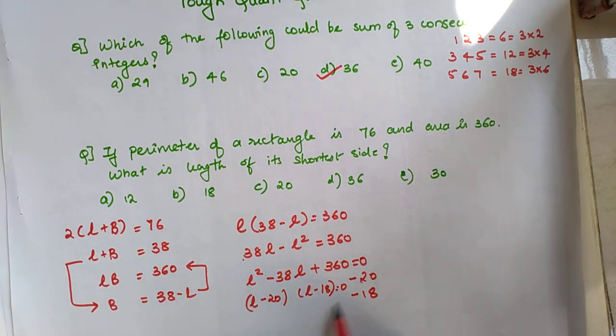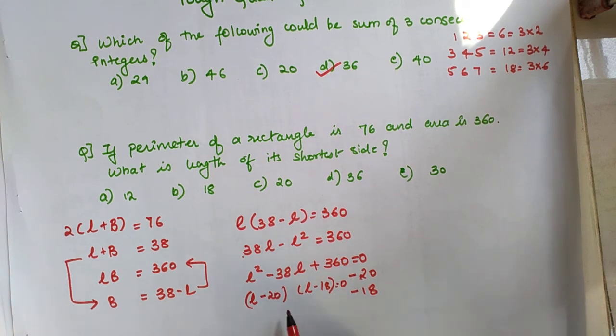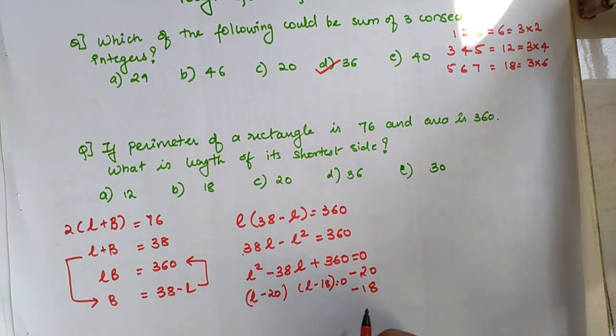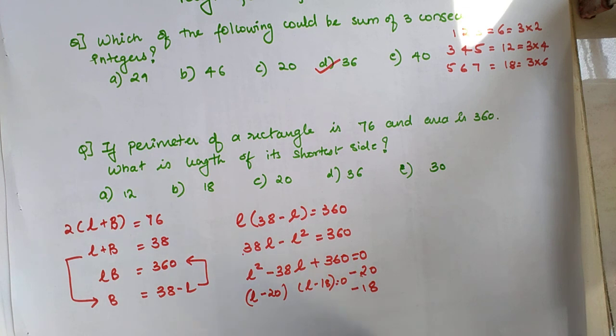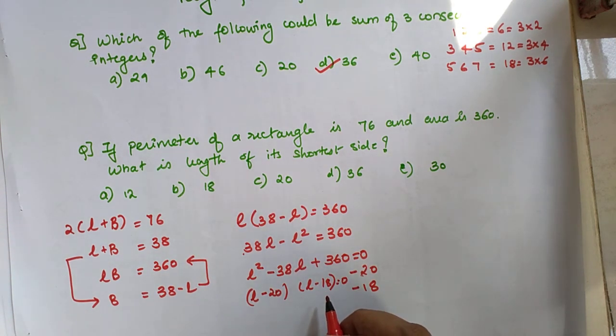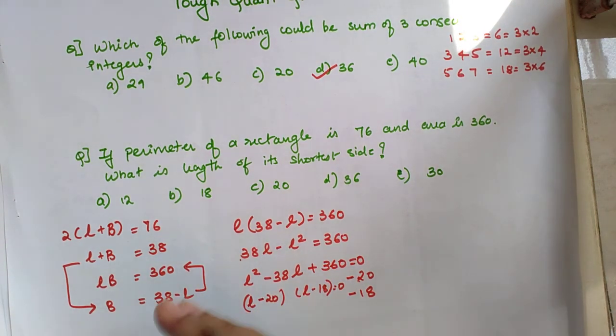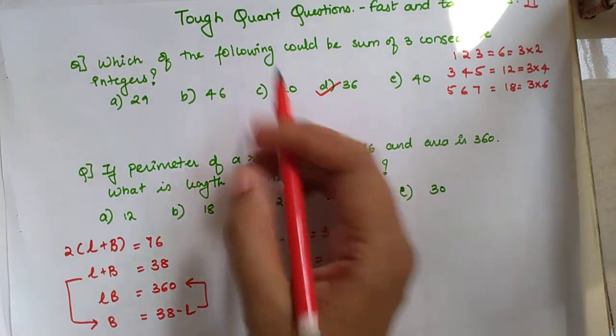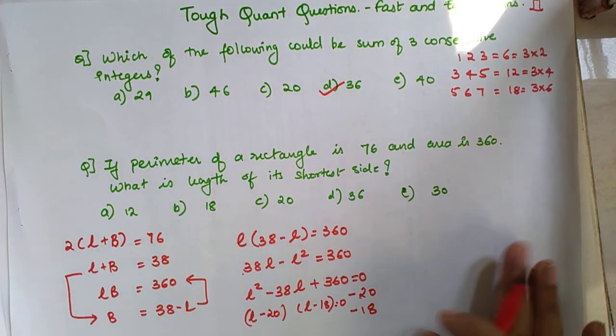Students, if you don't know how to do this, then I have a video on how to factorize quadratic equations. The link of that I'm going to mention on top as well as in the description. Please go ahead and check that out, because if you don't know how to factorize a quadratic equation in a matter of seconds, it might lead to a lot of trouble, especially when you are attempting the quantitative analysis part of any of these entrances.